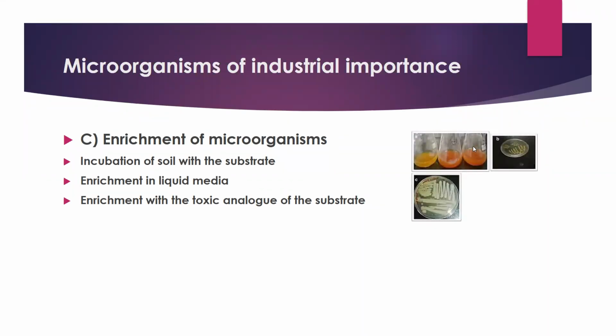Whenever we repeat this process or whenever we incubate our soil with the toxic analog, there are chances that some of the microorganisms that belong to the desired category would survive. And if they survive, there are chances that their genome has mutated and it has developed resistance against that toxic analog.